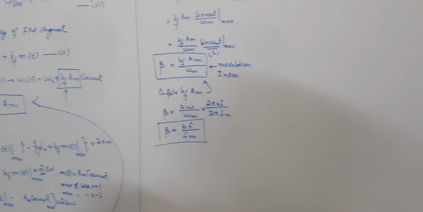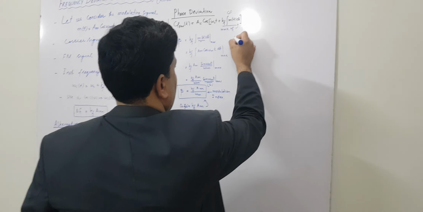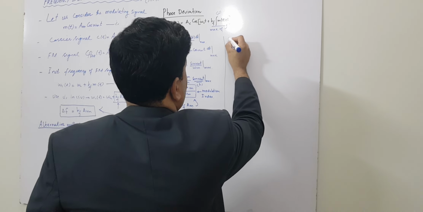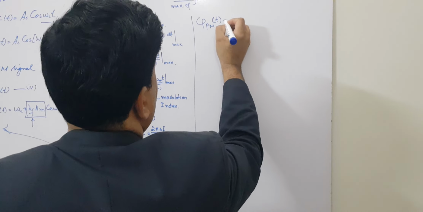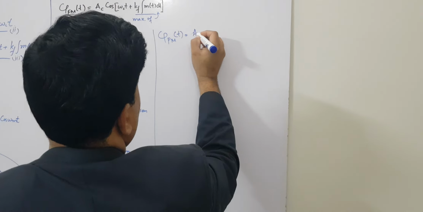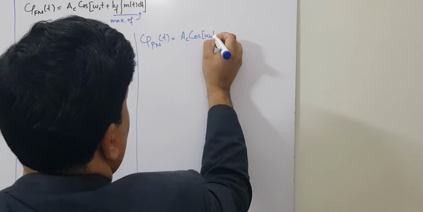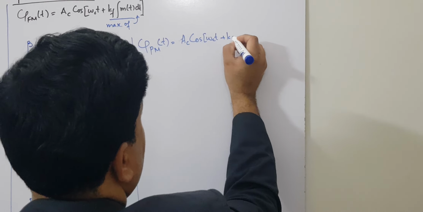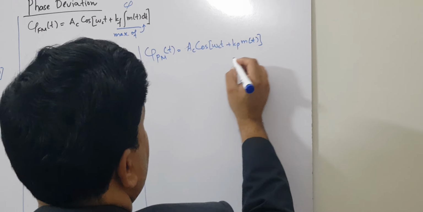So like you can represent both signals. You know that the phase modulated signal is basically equal to AC cos omega ct plus AP m of t.